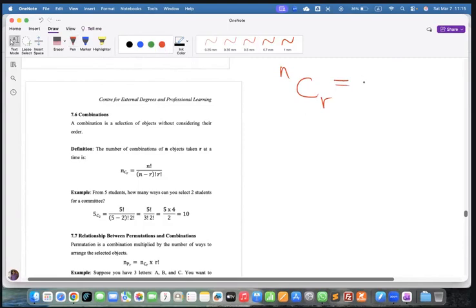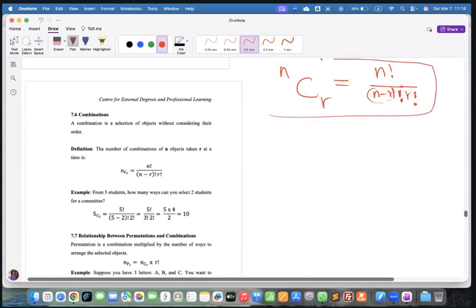So the equation nCr is n factorial over n minus r factorial into r factorial. This is the equation for combination.